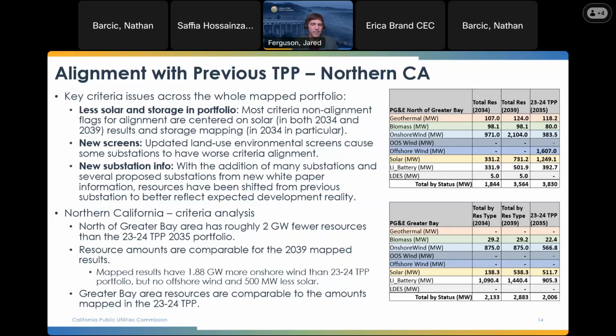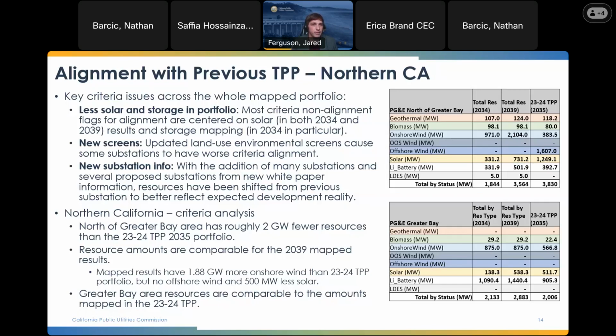One example of this is in the southern Nevada area around Mojave. A new national monument has been declared that affects some of the previously included development area around the Mojave substation. That has resulted in a shift in resources in that location.